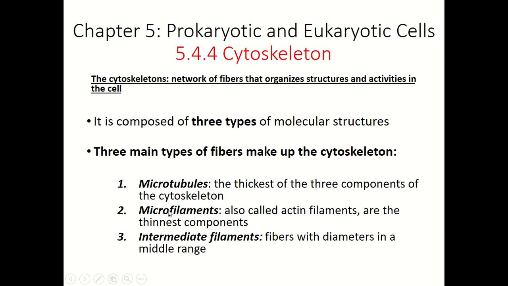These microfilaments are the thinnest components of the cytoskeleton. And last but not least, we have intermediate filaments, fibers with diameters in a middle range. So the thinnest one is microfilaments, then intermediate filaments, and the thickest one is microtubules.